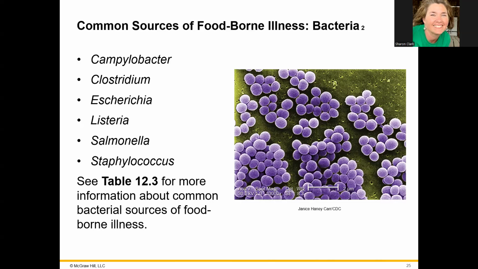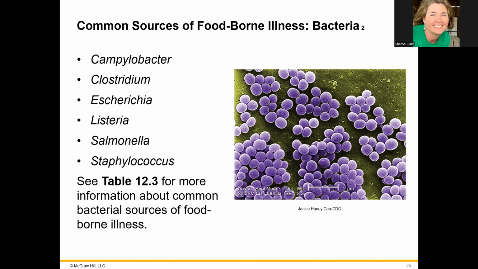Bacteria and viruses, yeah, those two are the most common in the United States. So let's look at bacteria for a second. Bacteria are simple microorganisms. They can live without oxygen, so they can live in canned or vacuum packed foods and packaging.